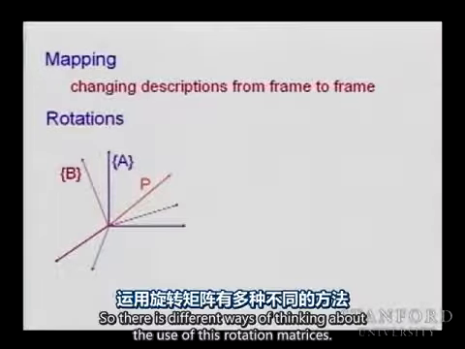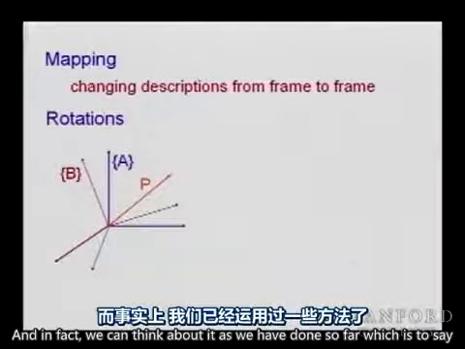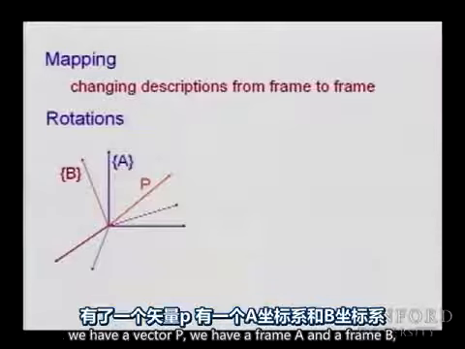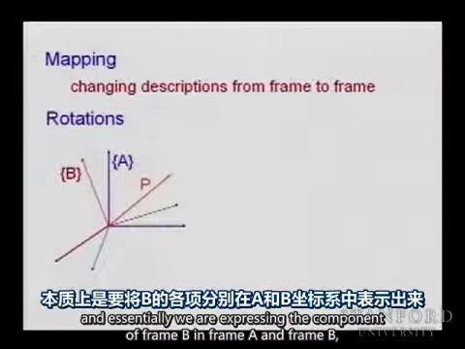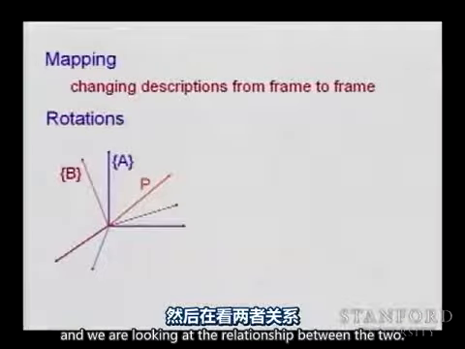So there are different ways of thinking about the use of those rotation matrices. And in fact, we can think about it as we have done so far, which is to say we have a vector P, we have a frame A and a frame B, and essentially we are expressing the component of frame B in frame A, and we are looking at the relationship between the two.